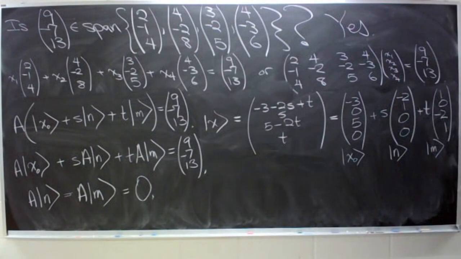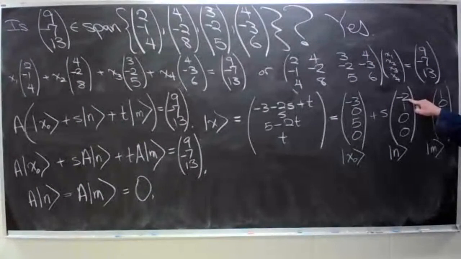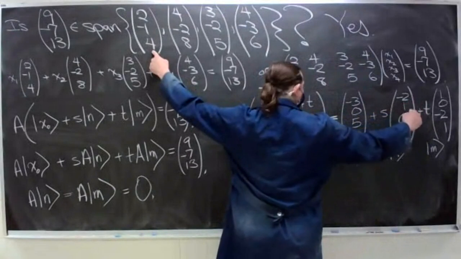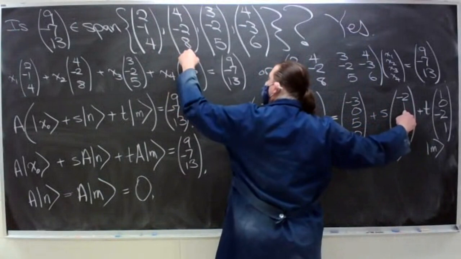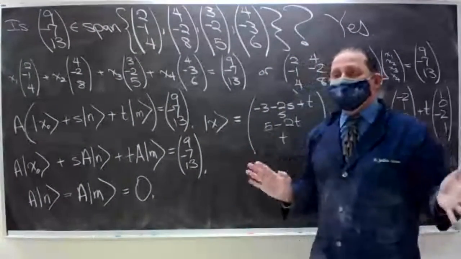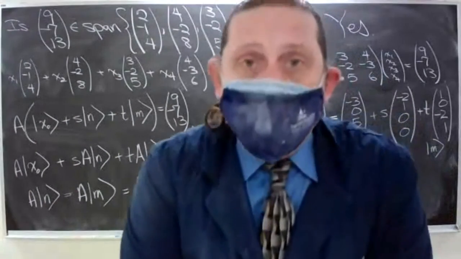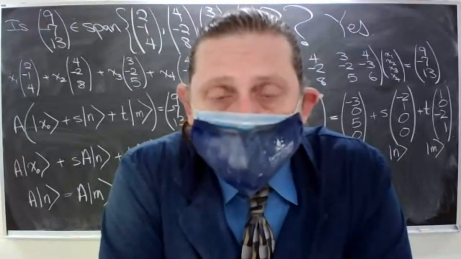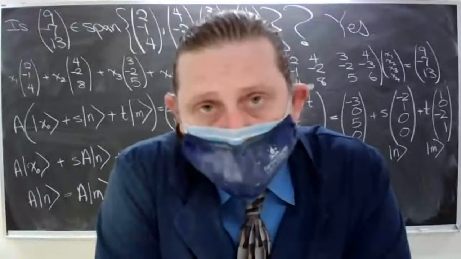And in fact, if I do negative 2 times the first vector plus 1 times the second vector, I'll get 0. That gives me a non-trivial linear combination of the first and second vectors that gives 0.